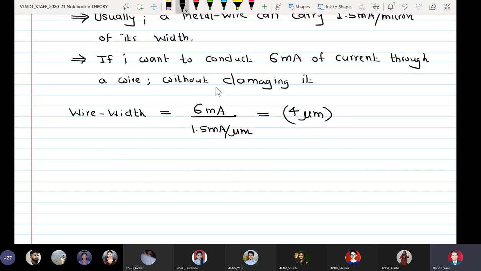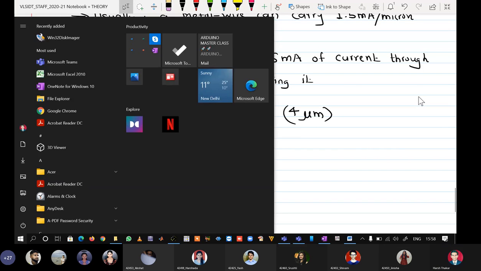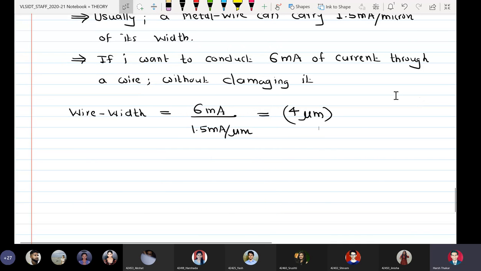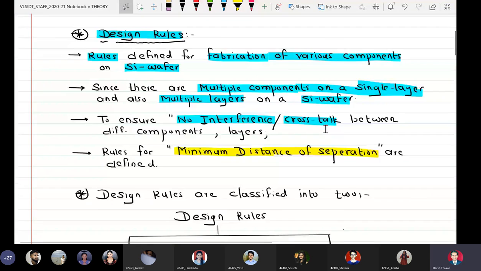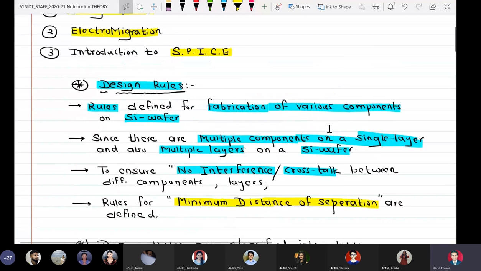That means if the wire width is 4 micrometers, then that wire can carry 6 milliamperes of current without succumbing to electromigration. That is what it means.